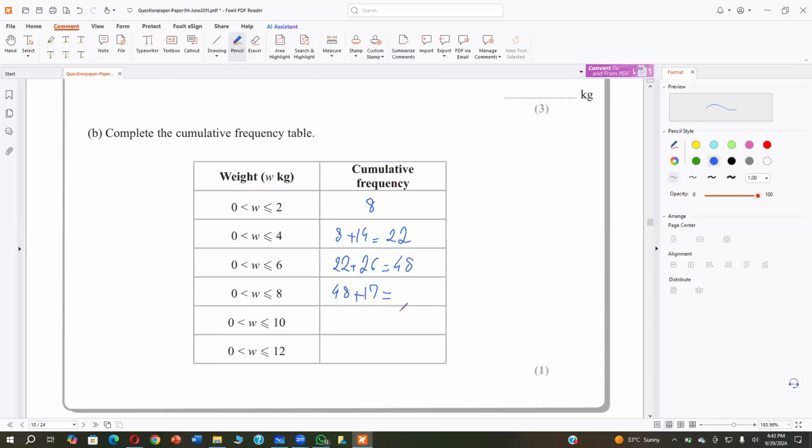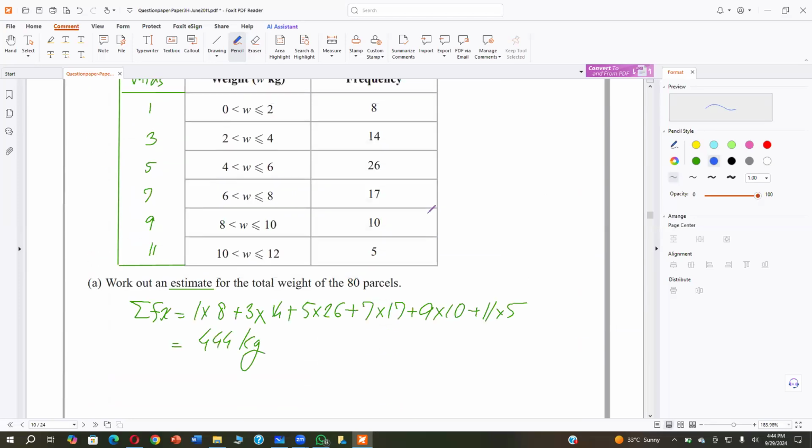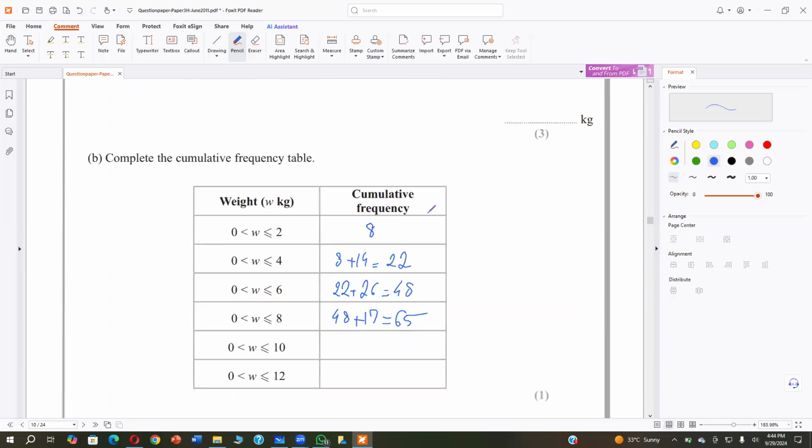How much is 48 plus 17? It's 65. 55 or 65? 65. Good. 65 plus 10, 75.